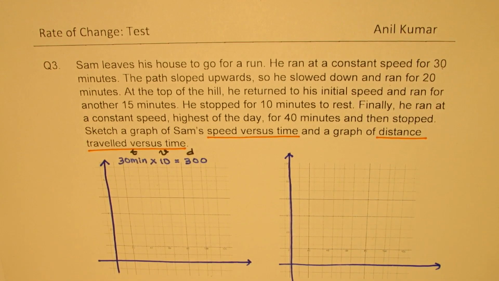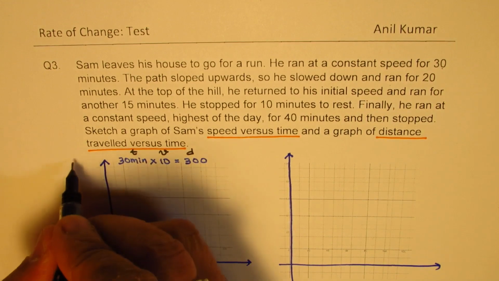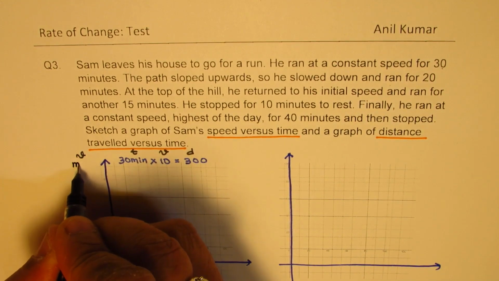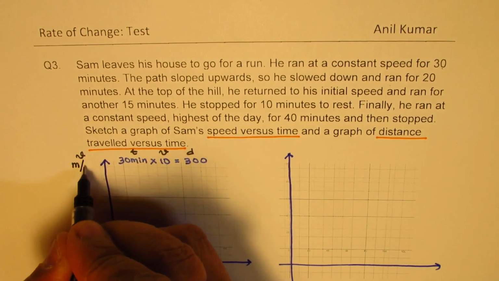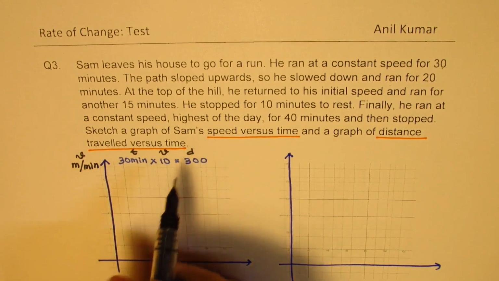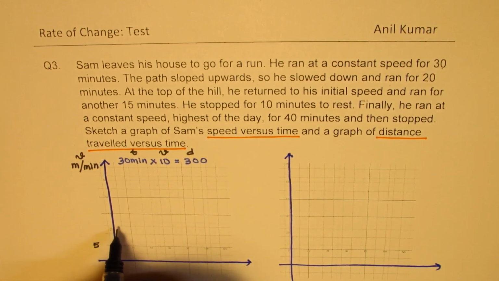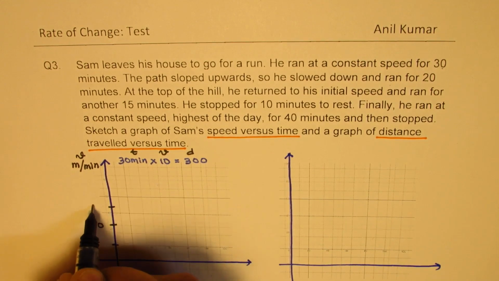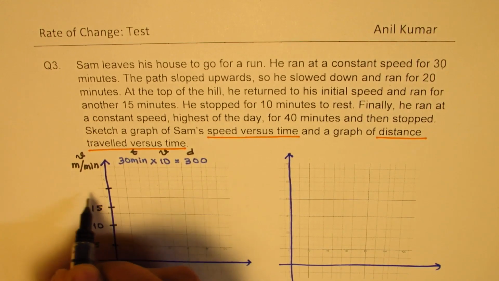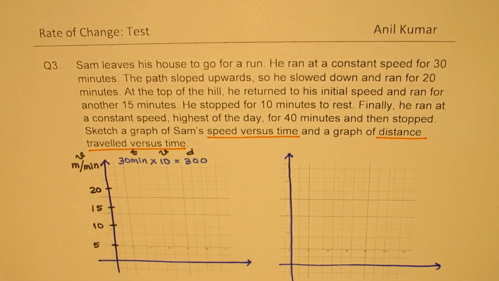So what we have assumed here is that the velocity is in meters per minute. Correct? We are taking 10 as our velocity, so we'll take a scale which is like 5, 10, let's say this is 15, and 20. Okay.